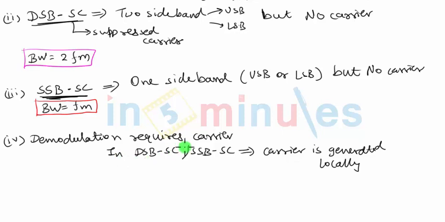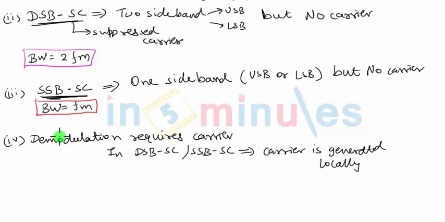Now it is very obvious that if the carrier which is used on the transmitter side and the carrier which is used on the receiver side are not exactly same, then the demodulation process will not be the exact reverse of the modulation process, and hence there will be distortion in the demodulated signal. To avoid this distortion, the carrier used on the receiver side has to be exactly same as the carrier which is used on the transmitter side.